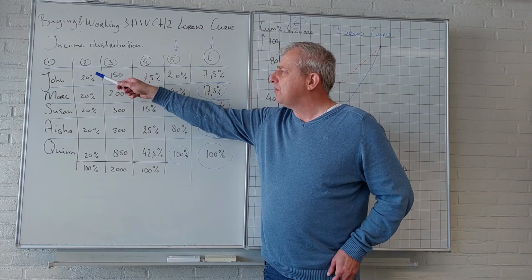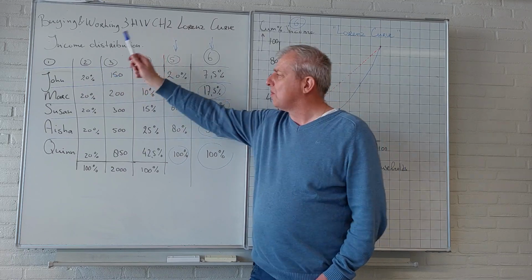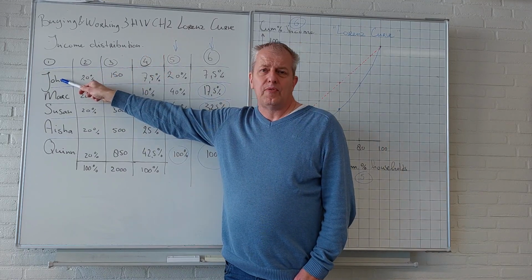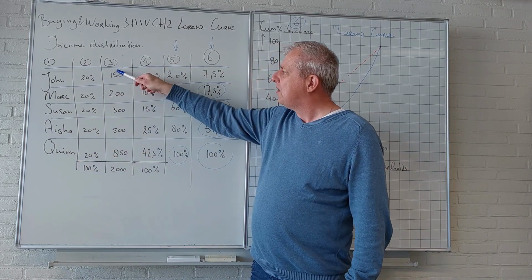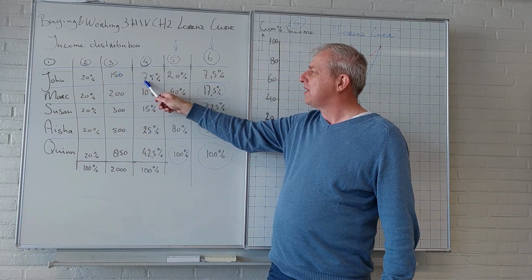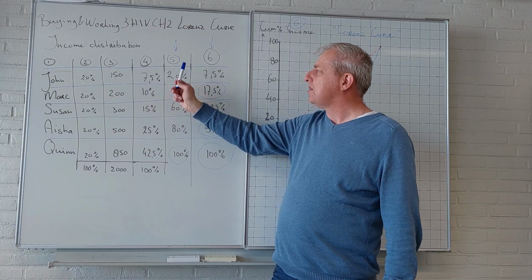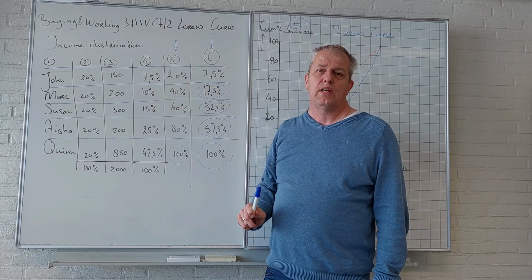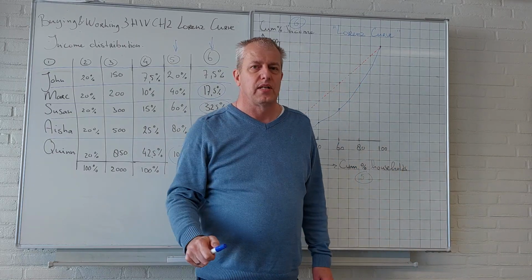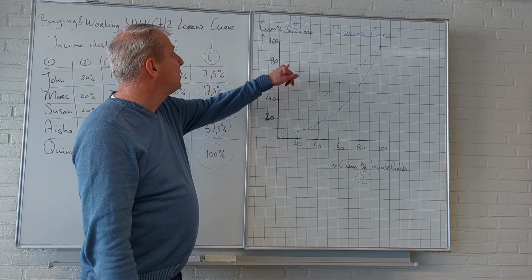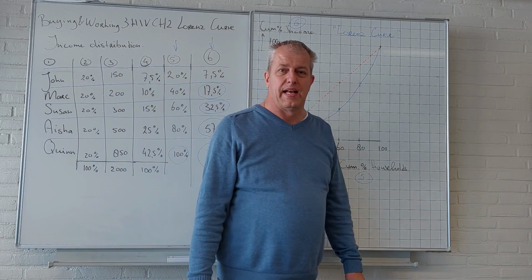So what you have to do is you have to remember the 6 steps. So, divide them from low to high, what percentage they are, how much they make, how much that is in percentages, and then you do the cumulative columns in which you add them up. And then you translate column number 5 and 6 to the Lorenz curve there.